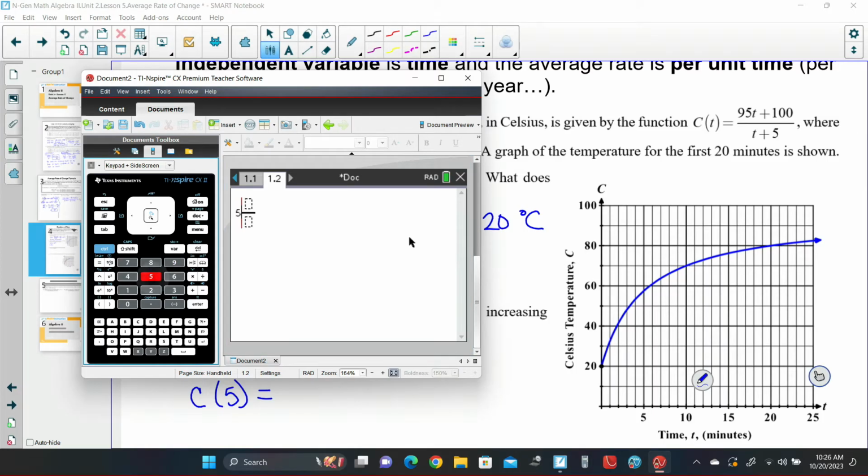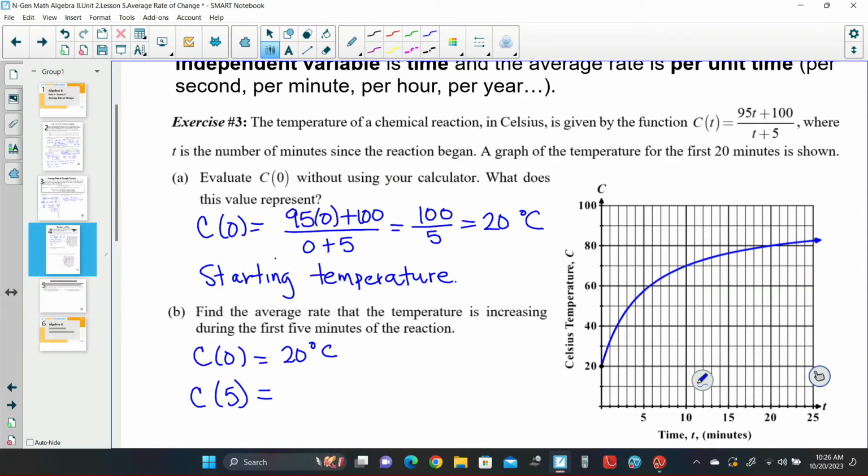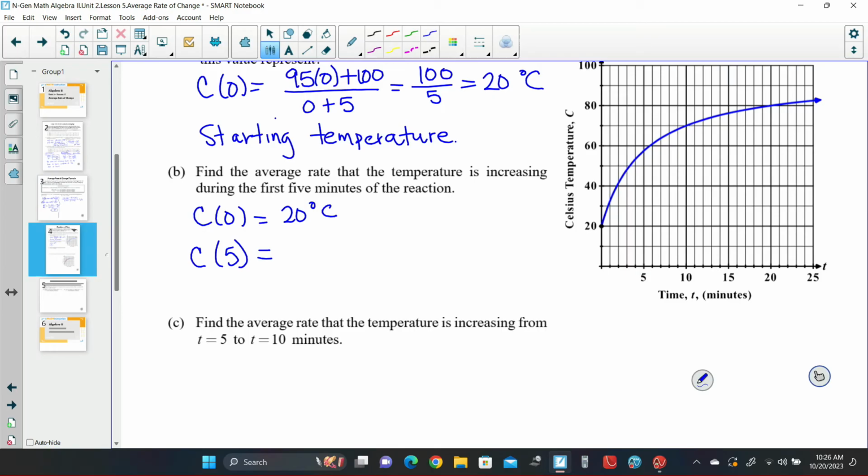So I'm going to have 95 times 5 plus 100, and 5 plus 5. I need to slow down. And that's 57.5. Great.